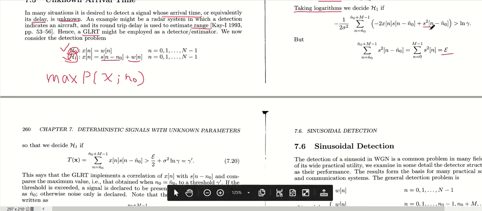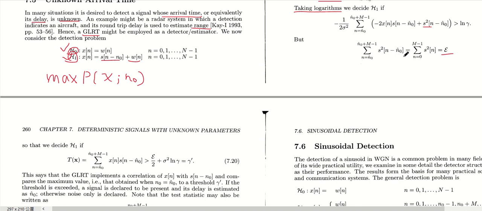So once it's constant, in other words, what we are trying to say is this term, when taking summations, becomes epsilon. Epsilon has nothing to do with n0. We're interested in n0, but it has nothing to do with n0.